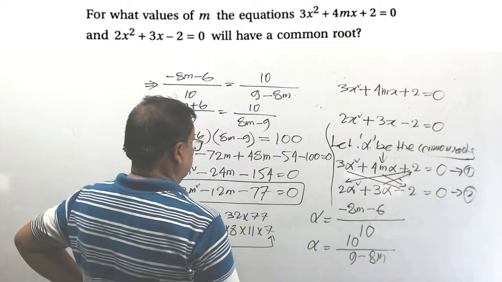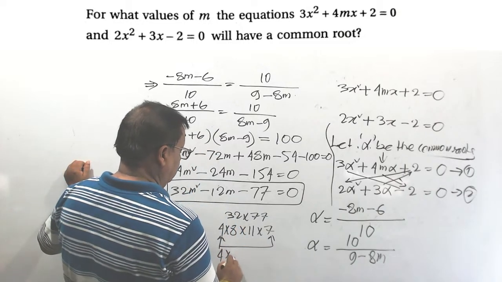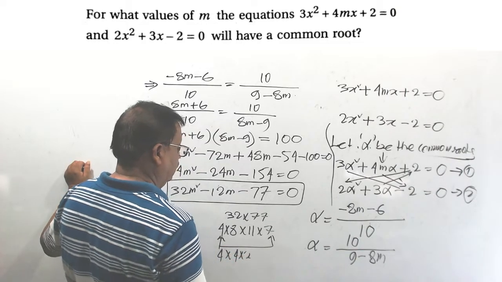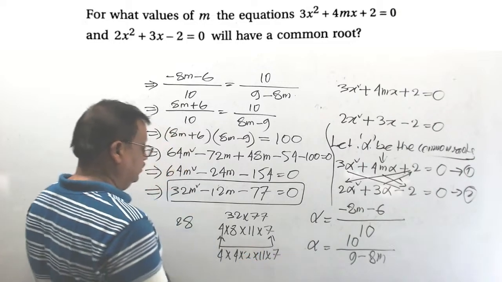How to bring? Factorize: 4 into 4 into 2 into 11 into 7. Okay.